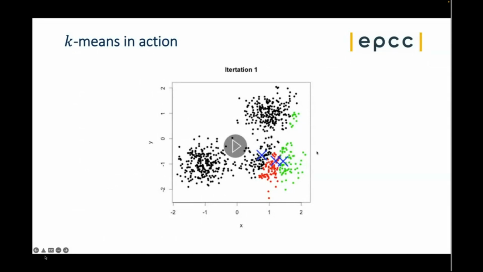So before I start it, here the centroids have initially been chosen at random to be here, here, and here.